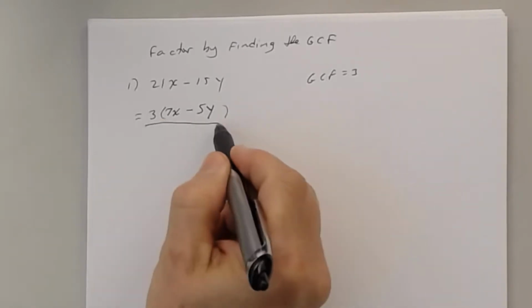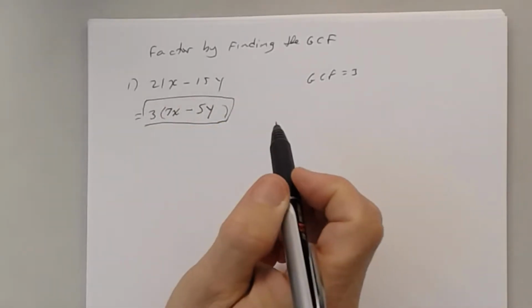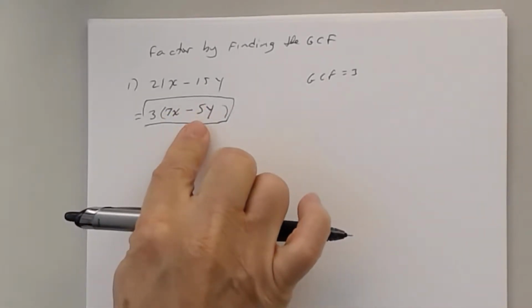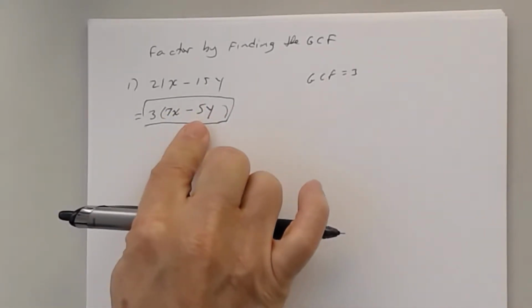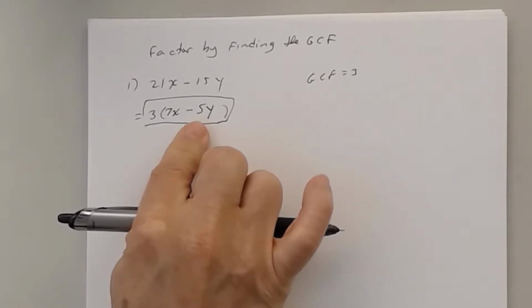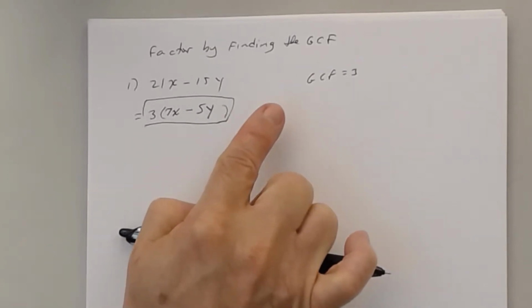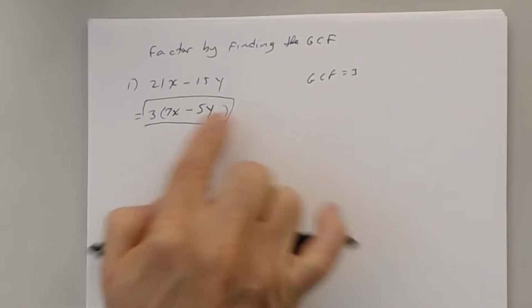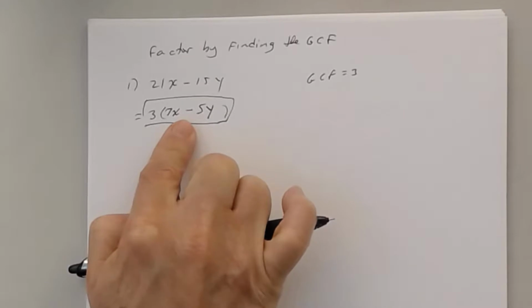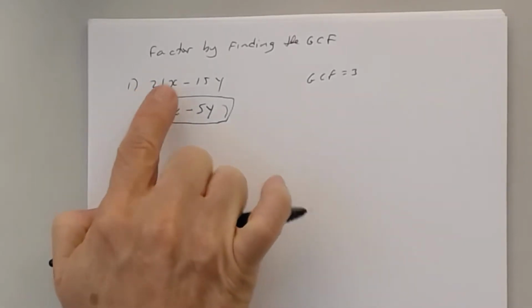And so there's your answer. If you look at 7x minus 5y, there's nothing else you can do there. They have nothing in common besides 1. So when you have a GCF other than 1, you're going to say GCF times what's inside the parentheses, which when you multiply by the GCF gives you the original back.